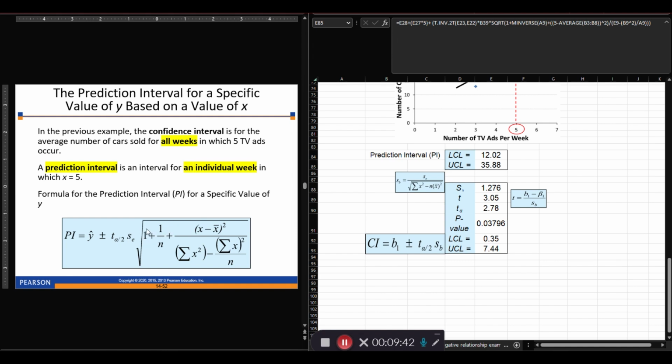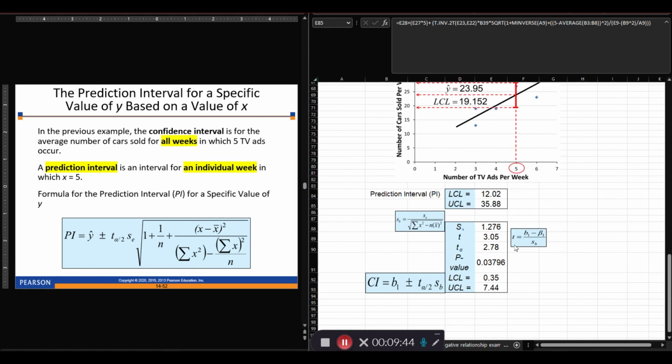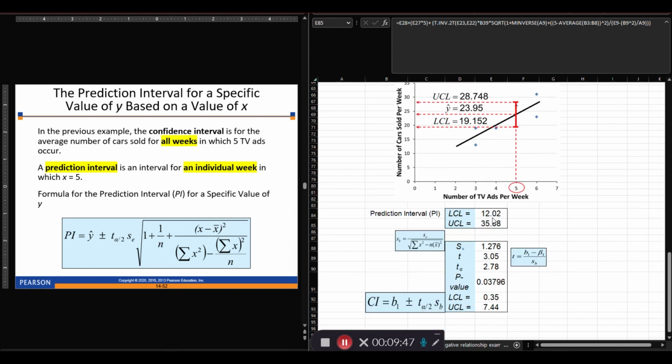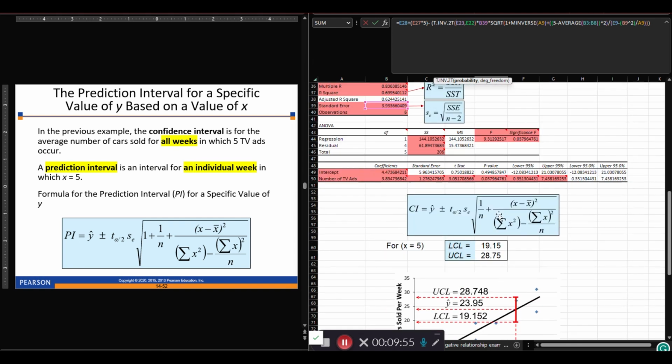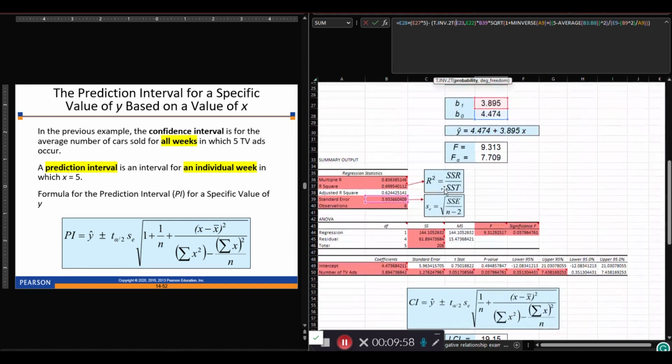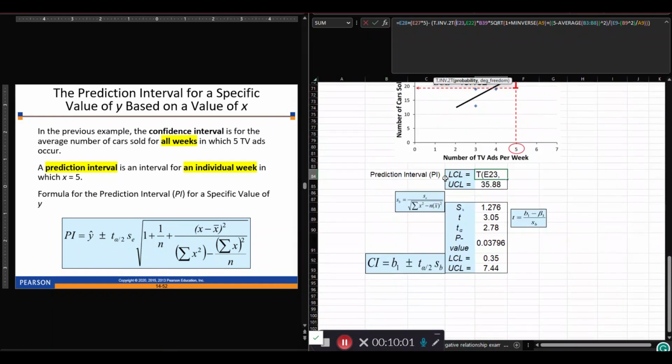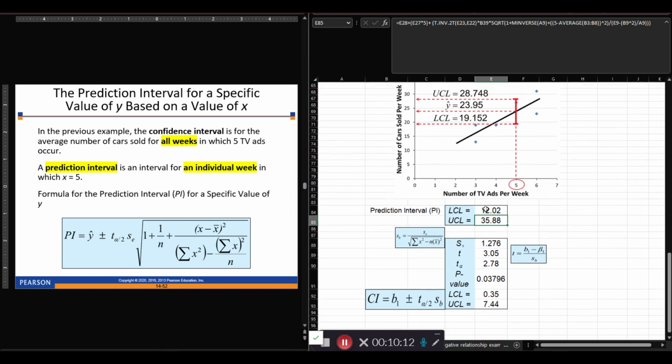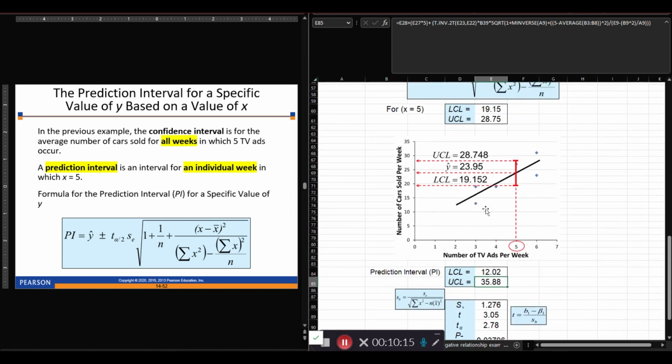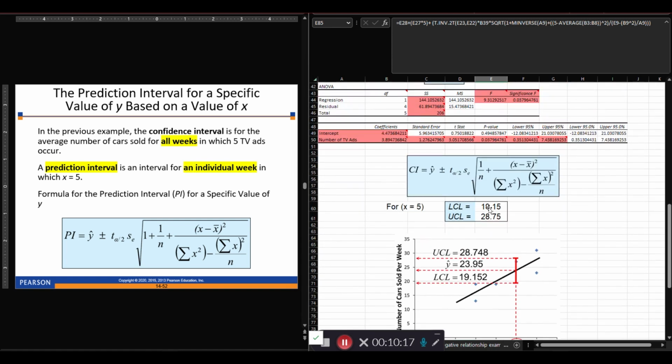Again, in this sheet that you have access to, we have this equation and all the values are referenced, so you can trace where each value came from, and that applies to the lower and upper confidence limits. All right. So this is it for calculating the upper and lower confidence limits for the prediction interval and for the confidence interval.